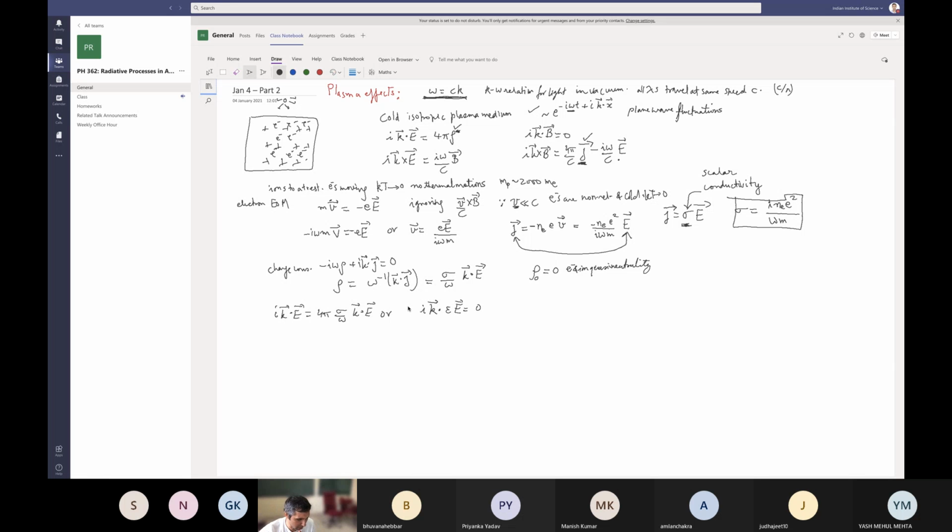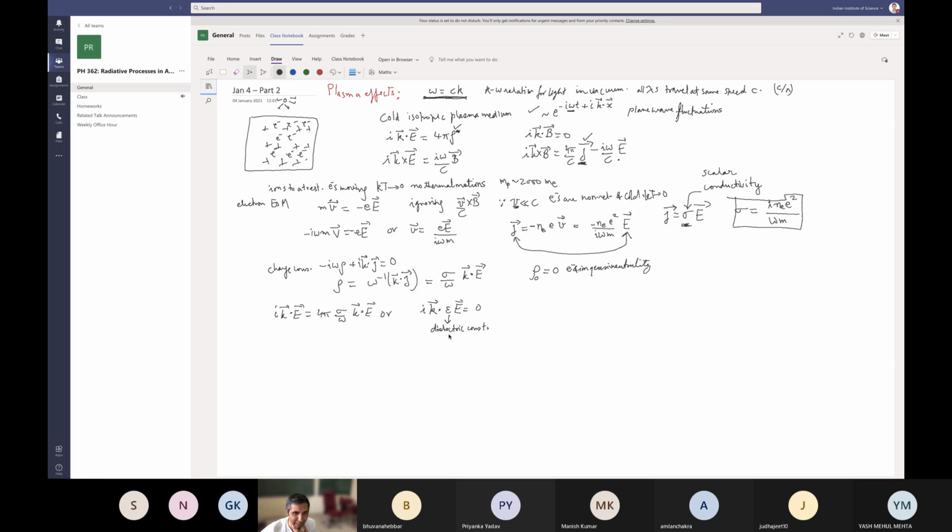This epsilon is called the dielectric constant. So D is equal to epsilon E, and I K dot D is equal to 4 pi sigma free. So there is no free charge. All the charges that we have here are induced because of the electromagnetic wave. So this is the natural form of del dot D equal to 0.